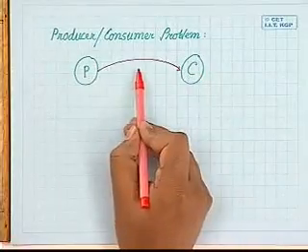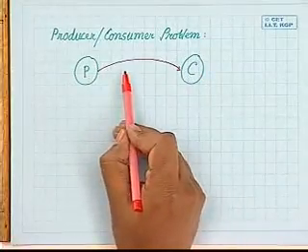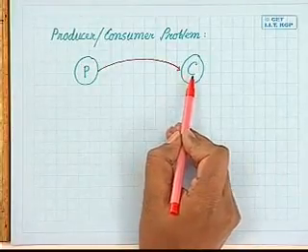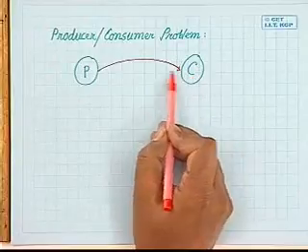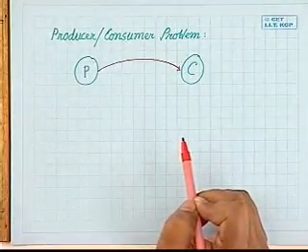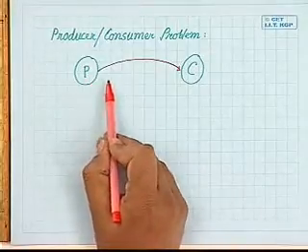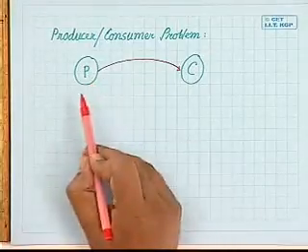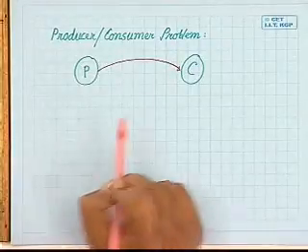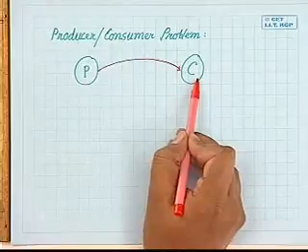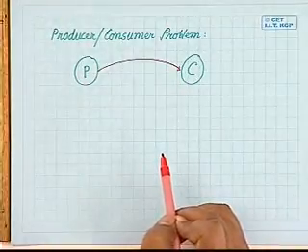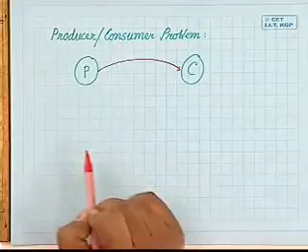The computer is producing the items or characters, sending them to the printer, which is the consumer, and the printer consumes the items by giving you the final output. Now, if the rate at which the computer can send the characters is the same as the rate at which the printer can print them, then I don't have any problem. But usually that is not the case.